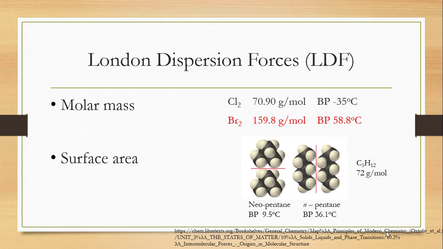When you take a look, the one on the left is called neopentane, and it has a boiling point just under 10 degrees Celsius, and the other one, n-pentane, has a boiling point that's approximately 4 times larger. But if you look at the red lines, which represent the surface area, you see the red line for the neopentane is smaller than the red line for the n-pentane. The larger the surface area, the greater the London dispersion force.